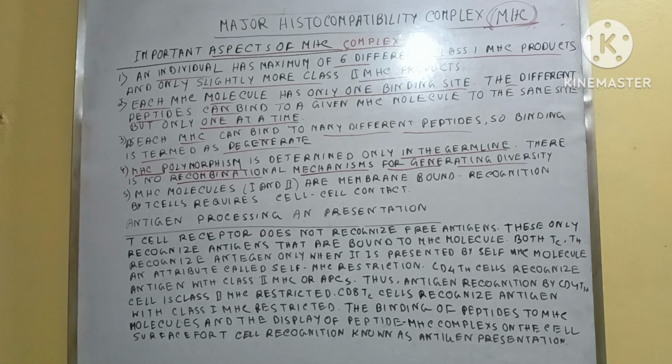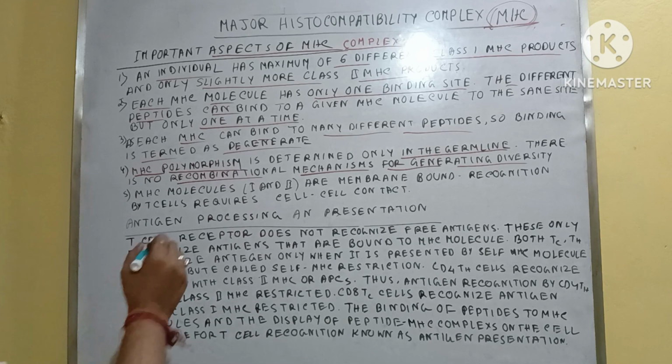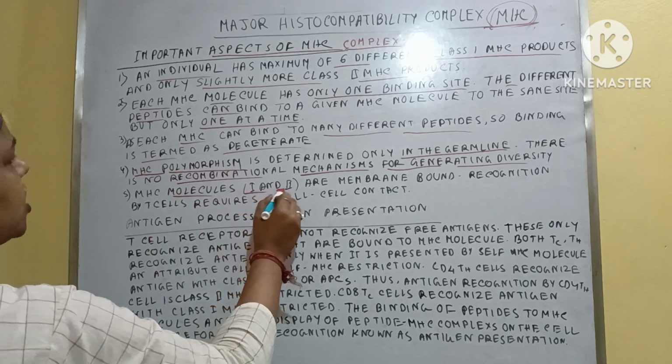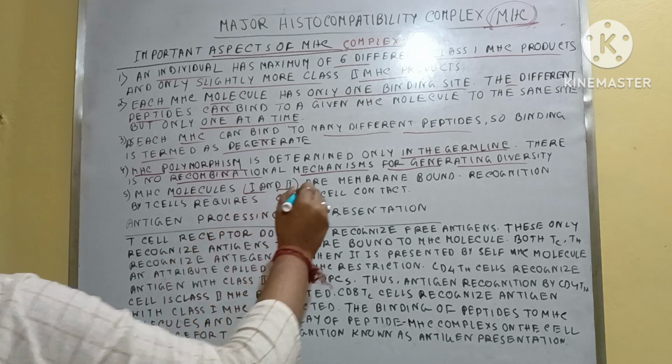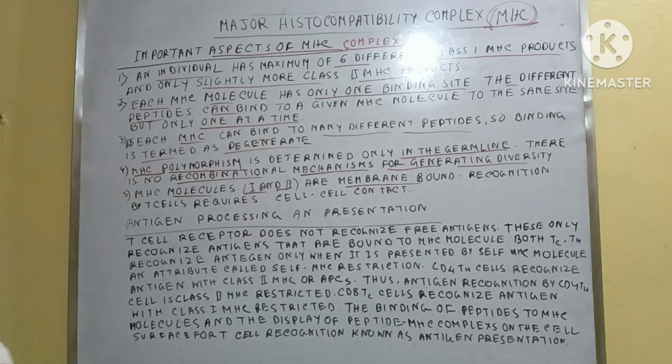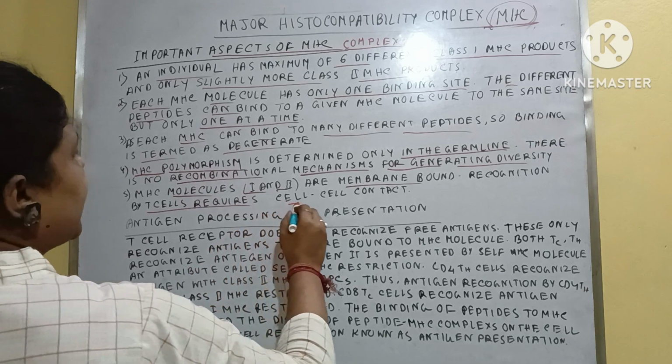Fifth, MHC molecules, that means class 1 and 2, are membrane bound. Recognition by T cells requires cell-cell contact.